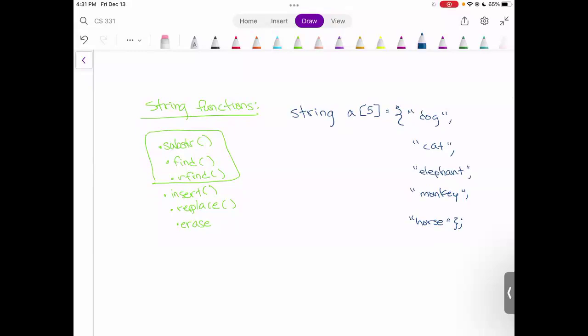And I say a sub 2 dot substring 3. What would be printed out here? I'm not sure what files is in 4. He might have mentioned it in class. So what would be printed out? I think we did a similar example like this before.